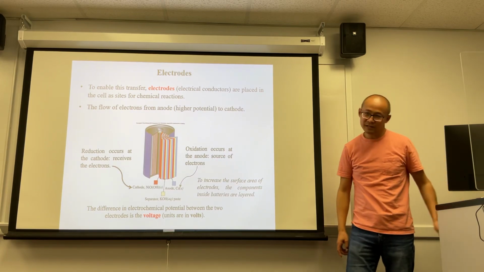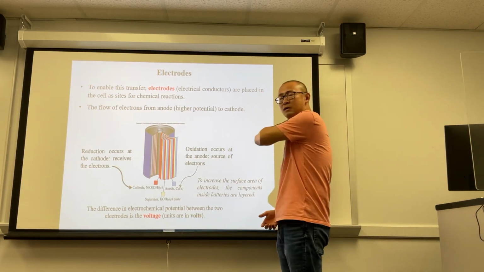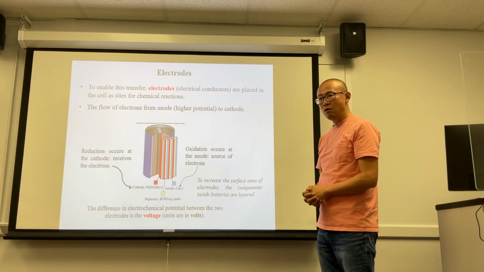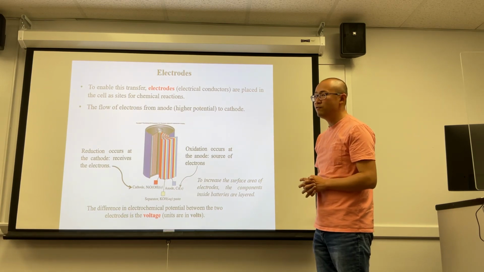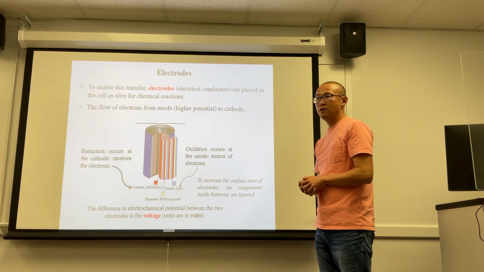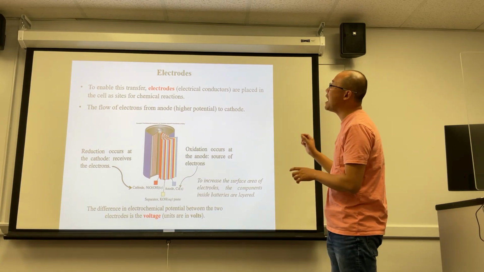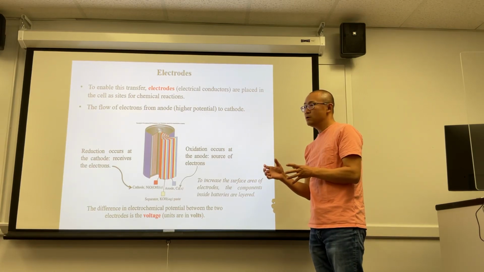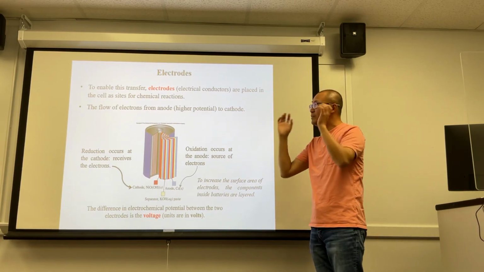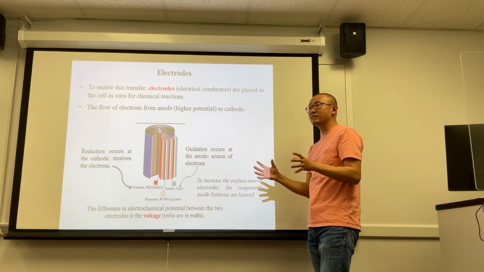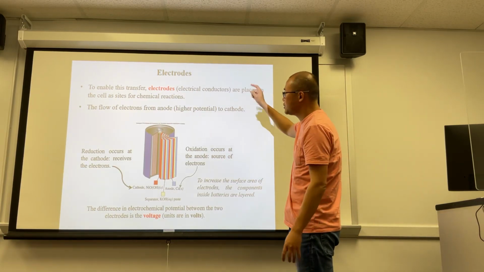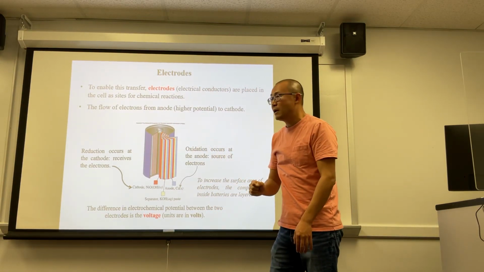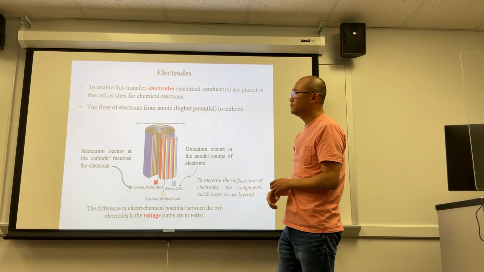Now, next. We have many new terms you have never heard of before in this chapter. Another very important term is the electrodes of a battery or a cell. In order for a reaction to happen, in order for the transfer of electrons to be possible, the chemicals in a voltaic cell are placed on a conductor inside the cell.